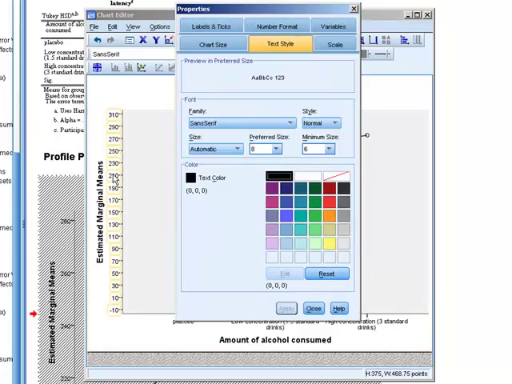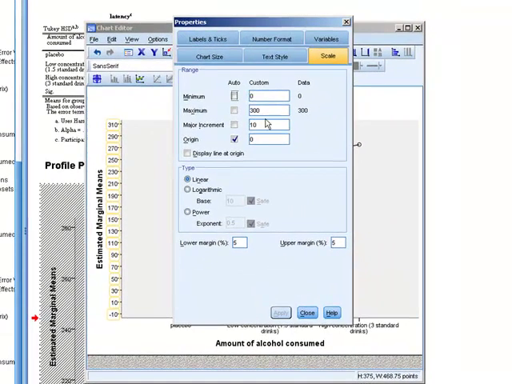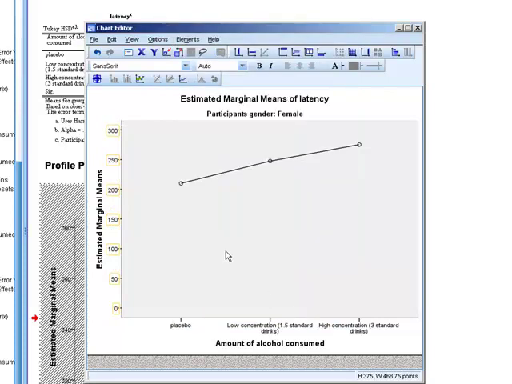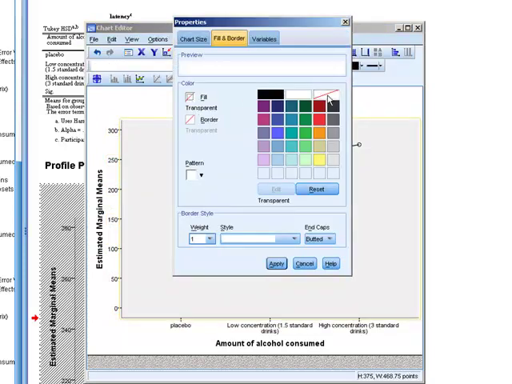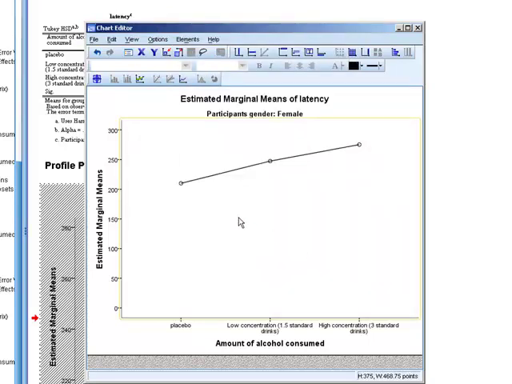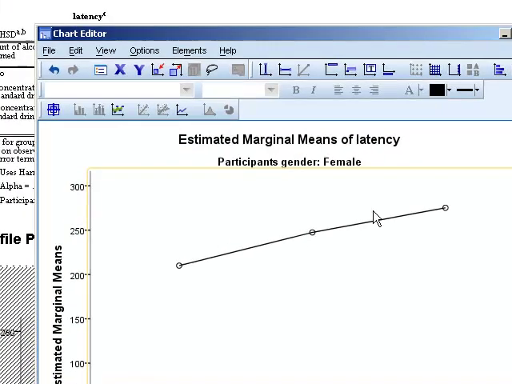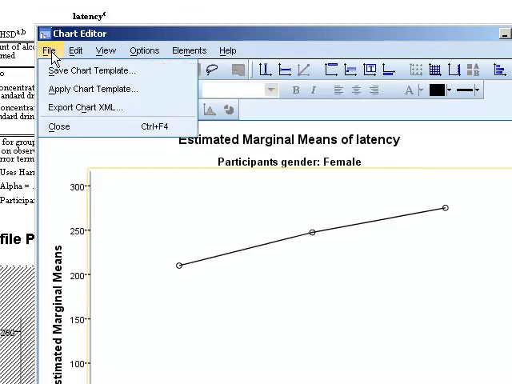Just get that scale correct. Okay, to the eyeball it's not strongly evident, but we can see some evidence of a more pronounced slope than was evident for the males.